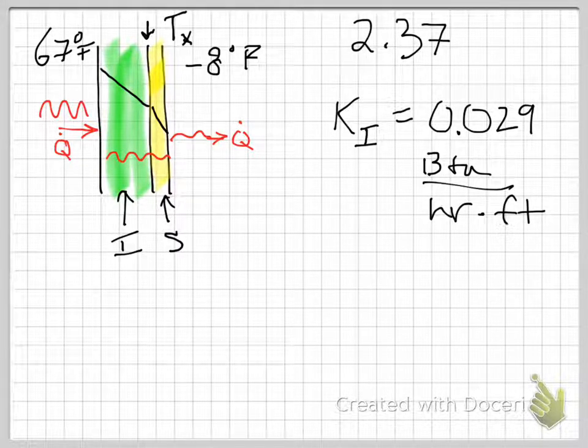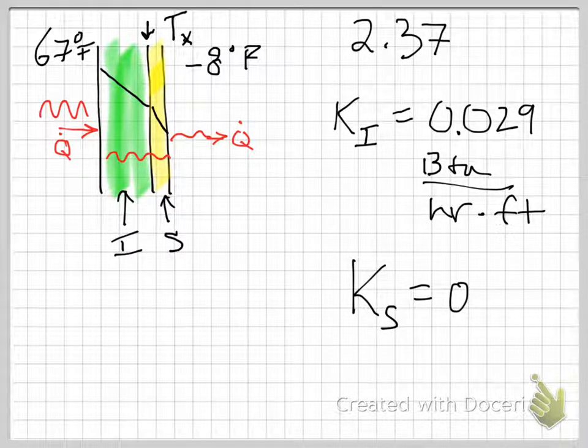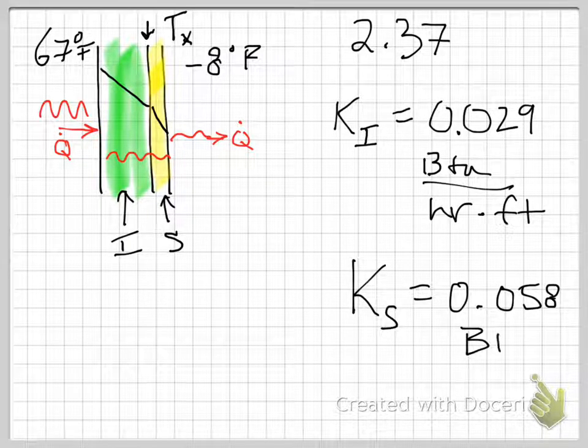And for our siding, it is 0.058 BTUs per hour per foot.